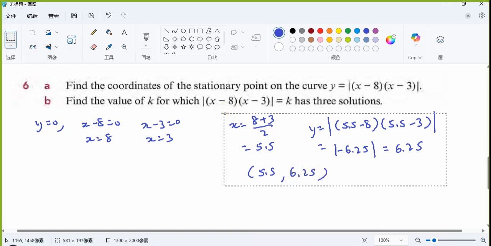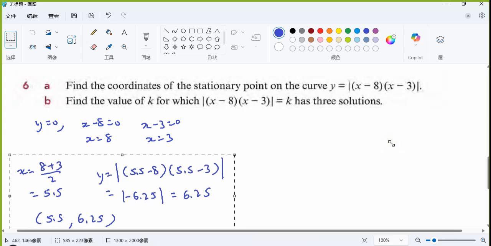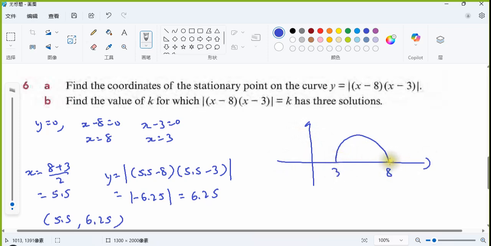Okay, next find the value of k for which this one has three solutions. So we know that the graph is like this, with 3 and 8. This is 3, this is 8, and then something like this, and we have (5.5, 6.25).